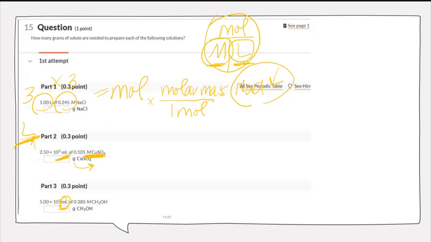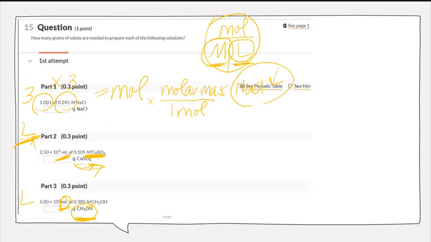Same thing here. This is in milliliters, so get it to liters, and you're given the compound here. So you can find the molar mass of 1 carbon, 3 H's, an O, and another H. So 4 total H's. And same with this copper sulfate, copper 2 sulfate, 1 copper, 1 sulfur, and 4 oxygens.